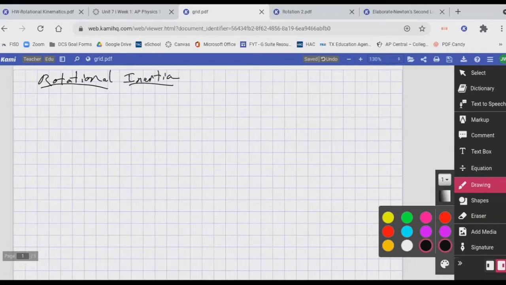Yeah, and I see it in the chat too. So I'm going to read what came up in the chat. Resistance to change angular motion. It's a resistance to change your angular motion. Let's write that down. Resistance to change angular motion. Ran out of room on that line, but it fits in, no problem.